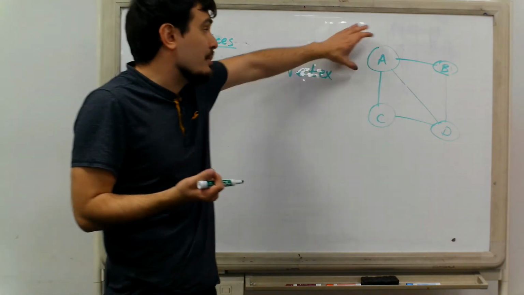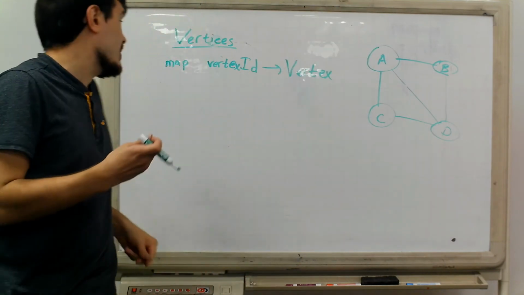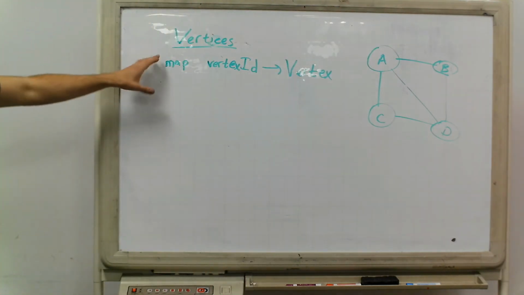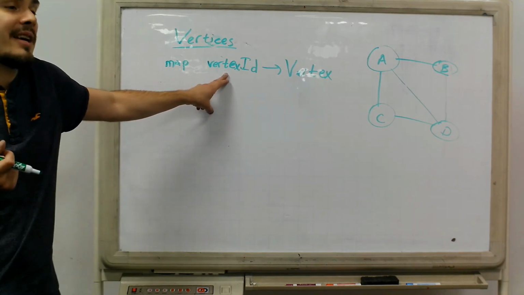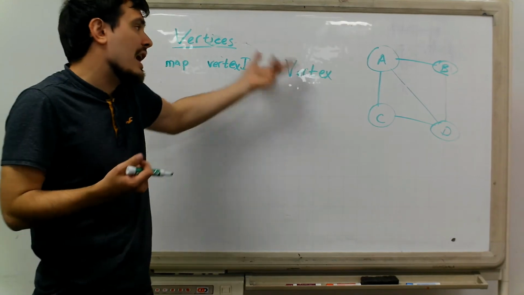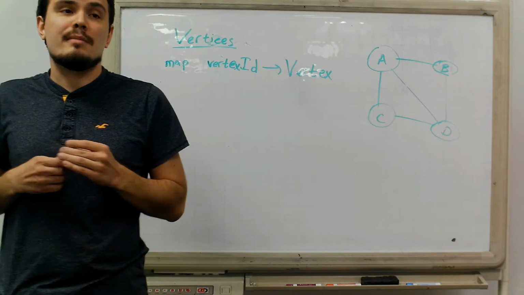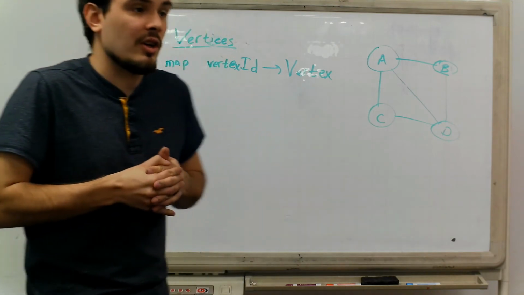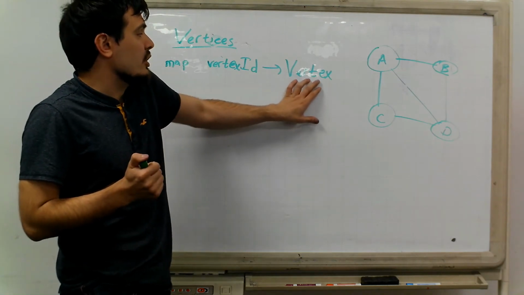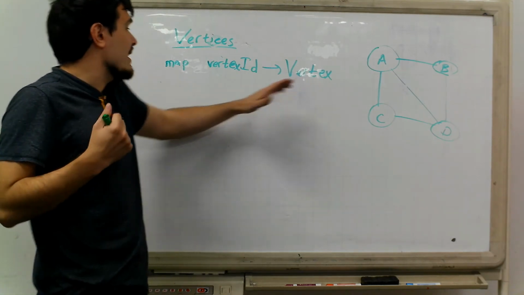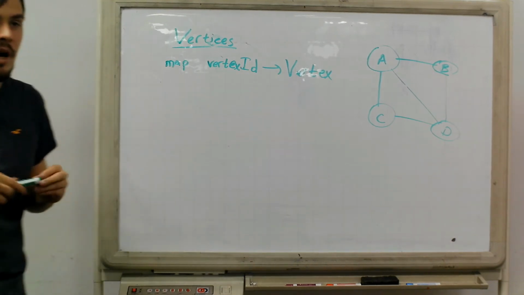For example, if the vertices represent people, then this vertex map maps some unique identifying ID for the person to an object that has the person's information, like birthday, name, age, whatever. So you need some place to actually store the person's information, right? You can put that in the node itself, and then you have this map that maps a unique identifier to the object itself.